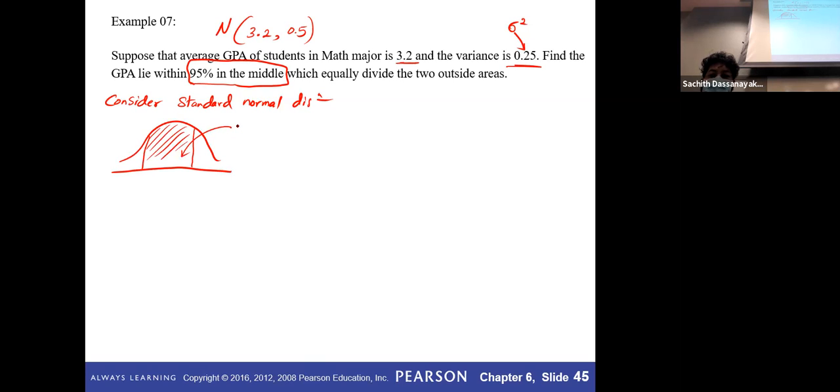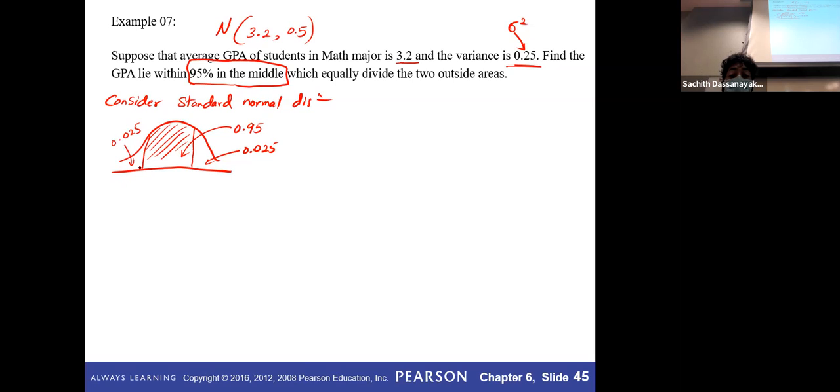This is 95%, which means 0.95. So what about these areas? This side 0.025 and this side 0.025, right? Now what?